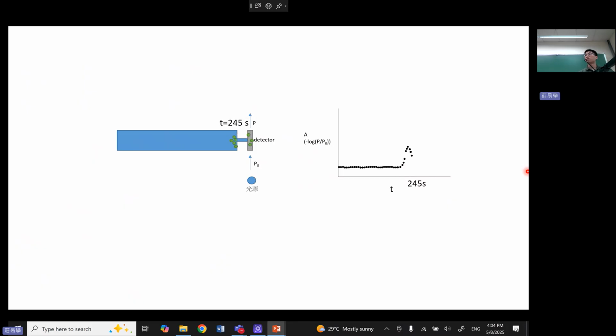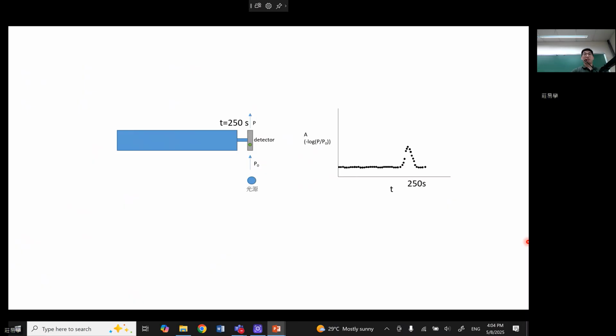By the time every single compound has passed through the detector, you see the absorbance return to a relatively low level. Okay, so this is how we generate a chromatogram from HPLC UV.